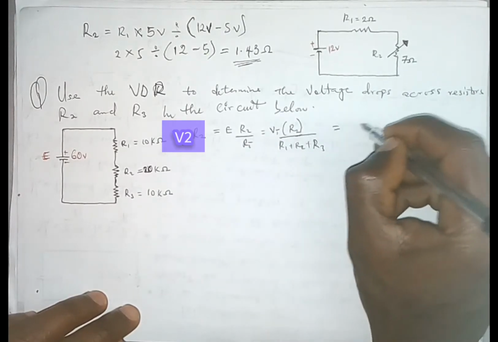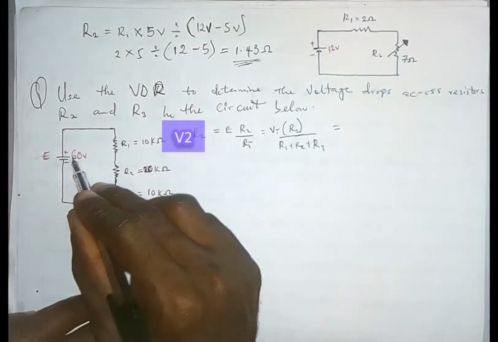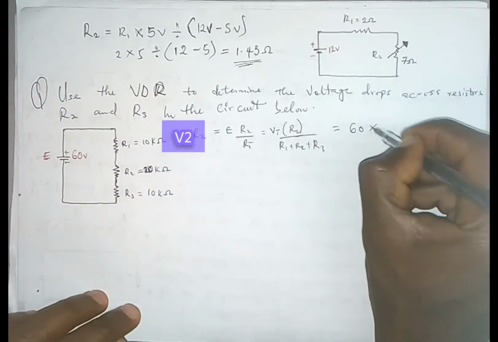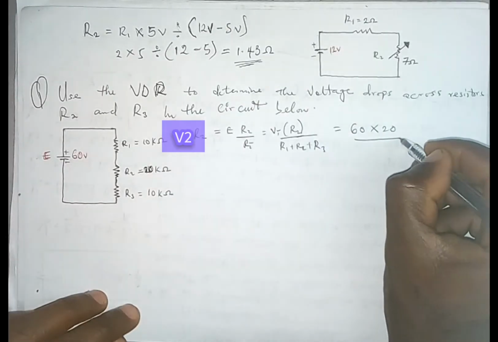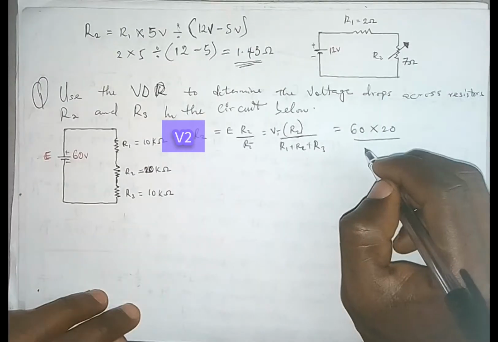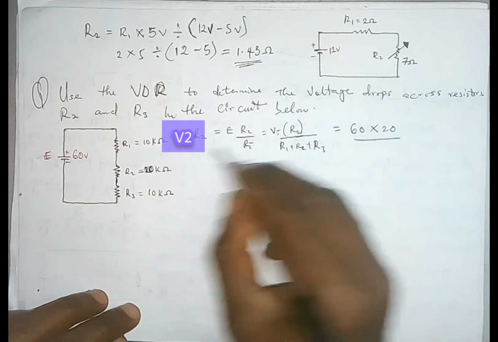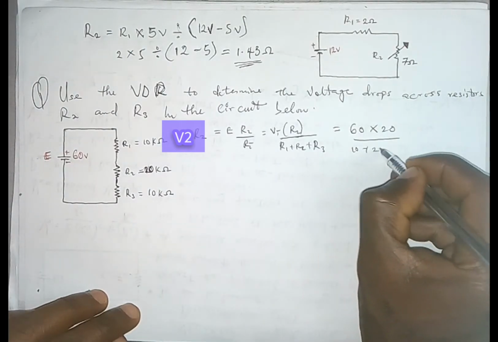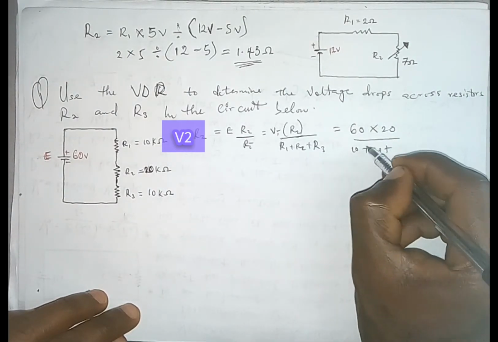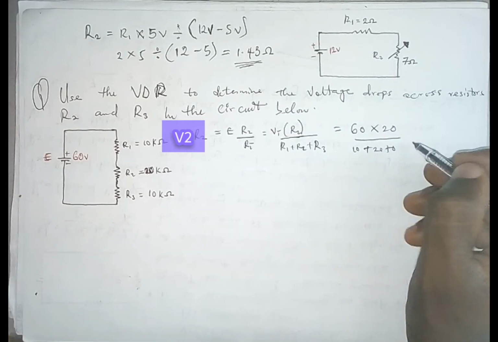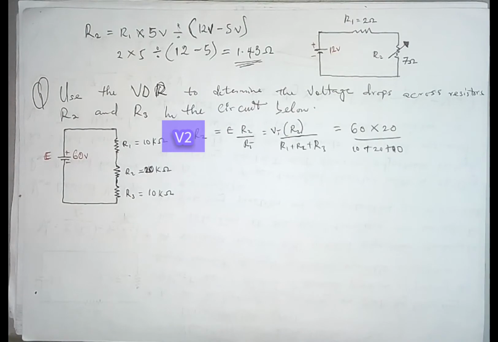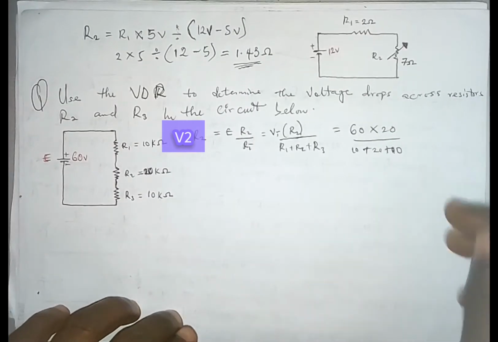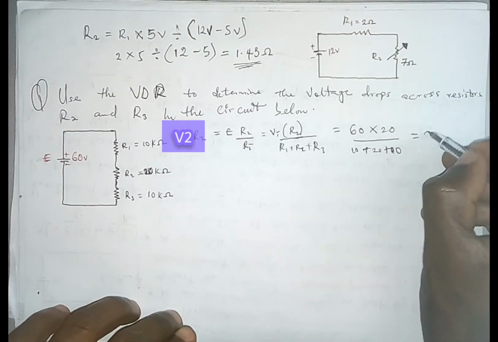So it is still the same thing: our total voltage, which is the voltage supply, 60, times the resistor we are looking for, which is 20, all over R1 plus R2 plus R3, which is 10 plus 20 plus another 10. By the time we punch our calculator, we are going to have 30 volts.